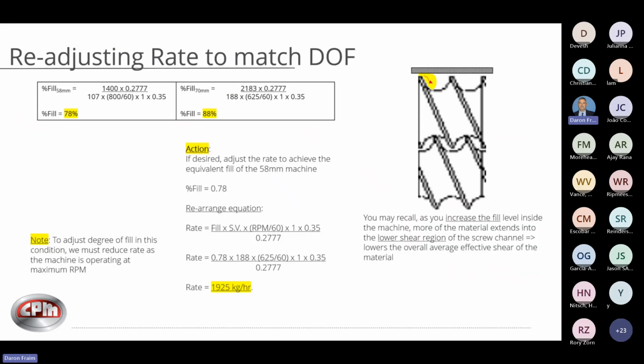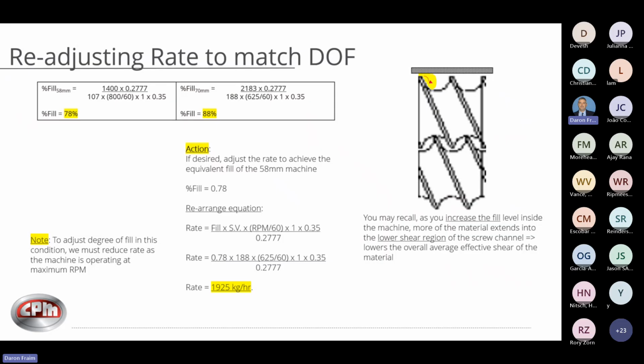So if you want to take this a step further and say, okay, now I want to match the percent fill. And so what's going to happen here is, remember, we're operating at the maximum RPM level of 625. And so to lower the degree of fill, I could ramp the screw speed, but I'm tapped out on the screw, so I've got to lower my rate. So if you want to go back through your percent fill and calculate what that rate is, I adjusted that calculation.